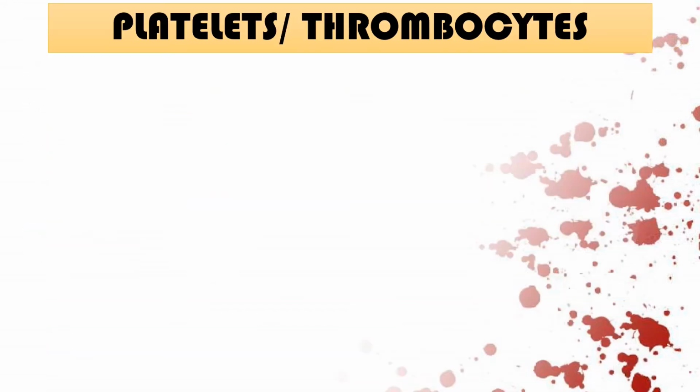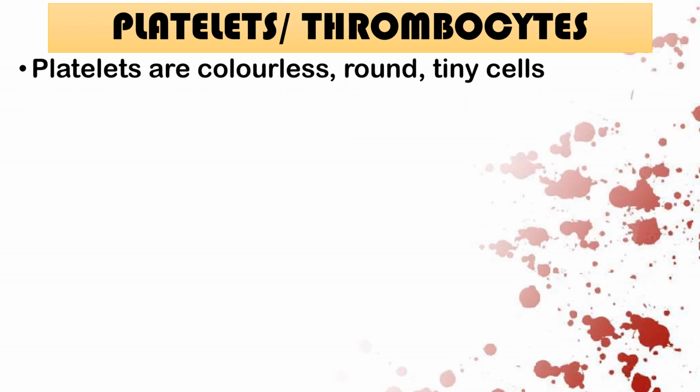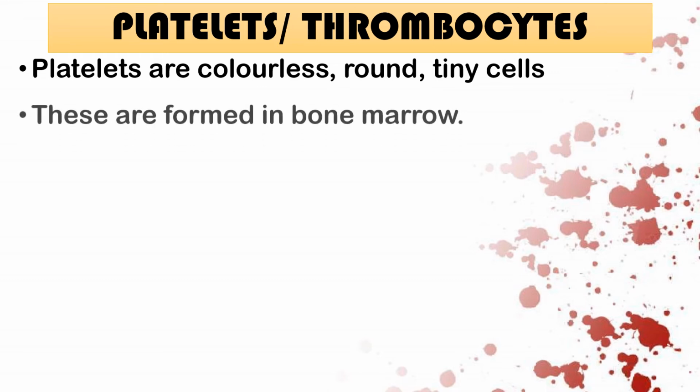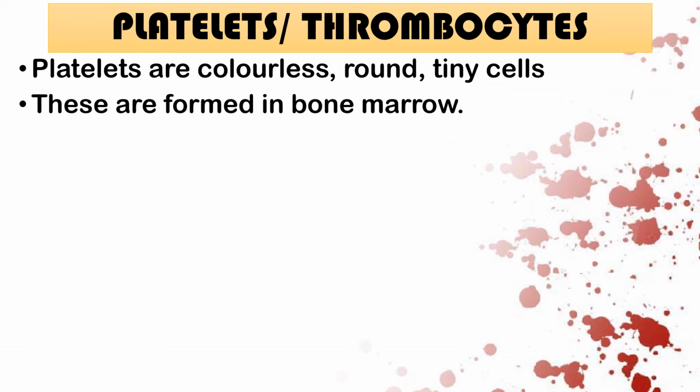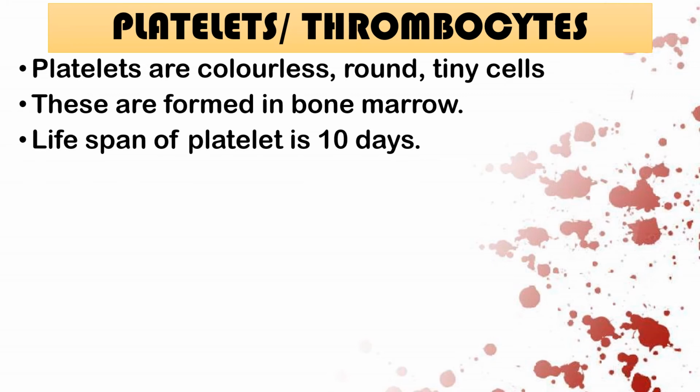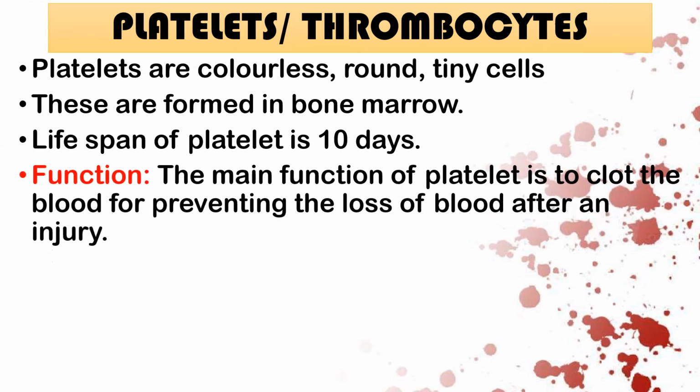The third type of blood cell is platelets, or what we call thrombocytes. Platelets are colorless, round and tiny cells. These are formed in bone marrow. The lifespan of a platelet is about 10 days, and the function of platelets is to clot the blood for preventing the loss of blood after an injury.